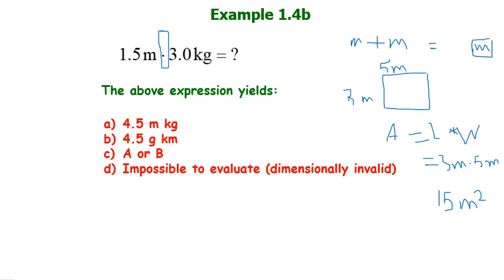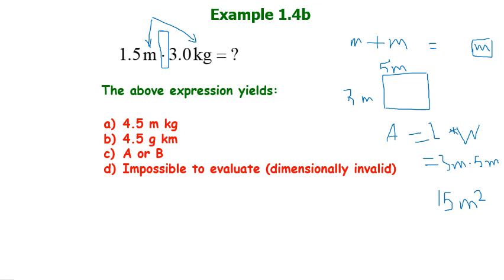What about our problem here? 1.5 meter times 3.0 kilograms. Let's see. Here we have different units. Can we multiply them? Yes, because they are not units for the same quantity.